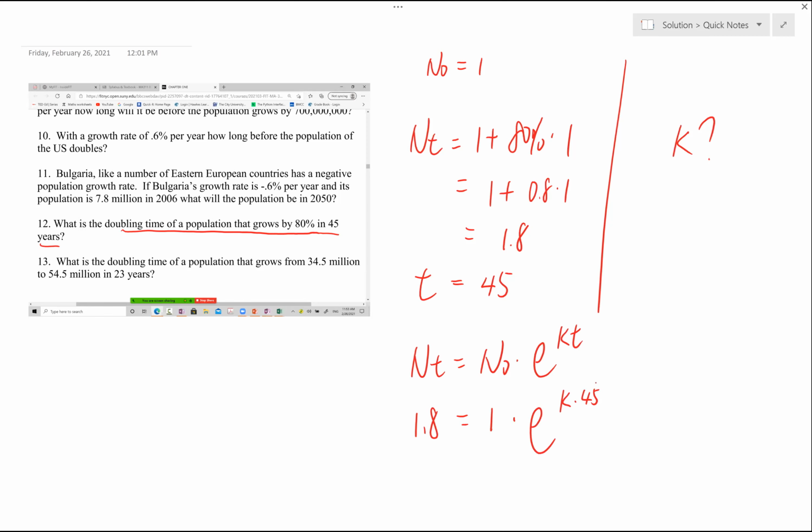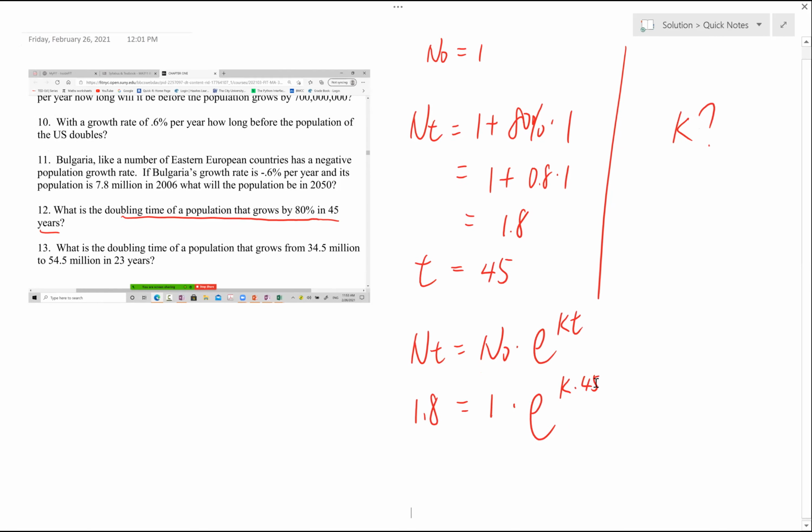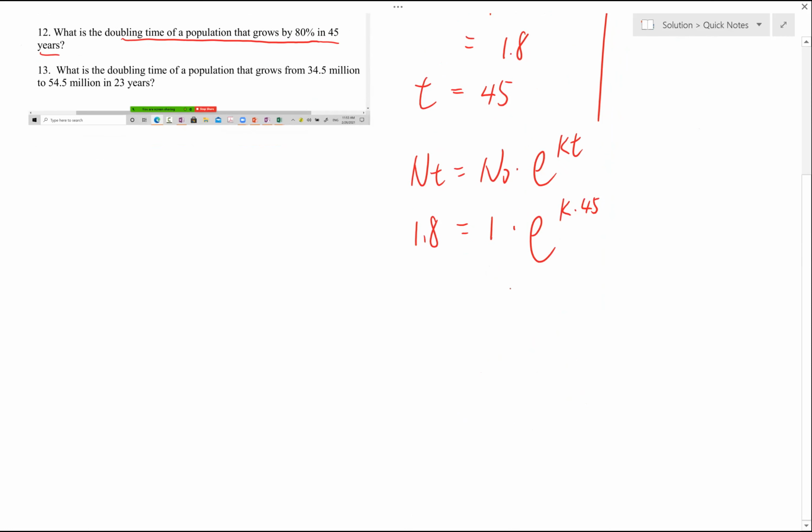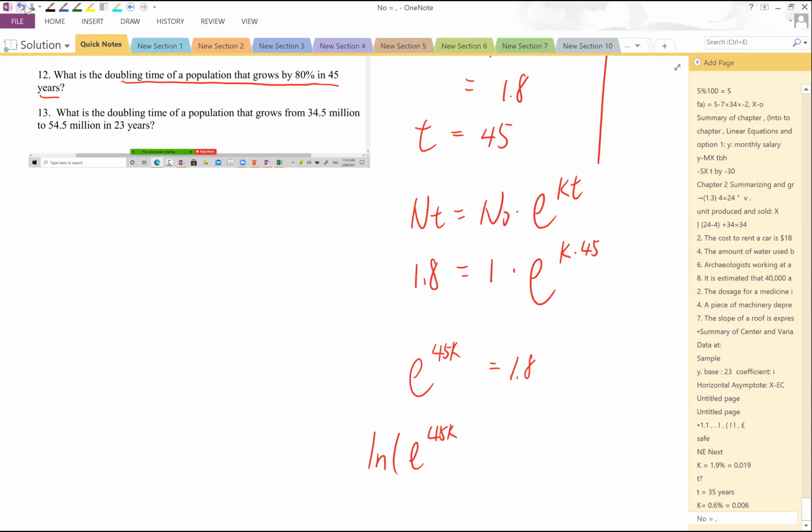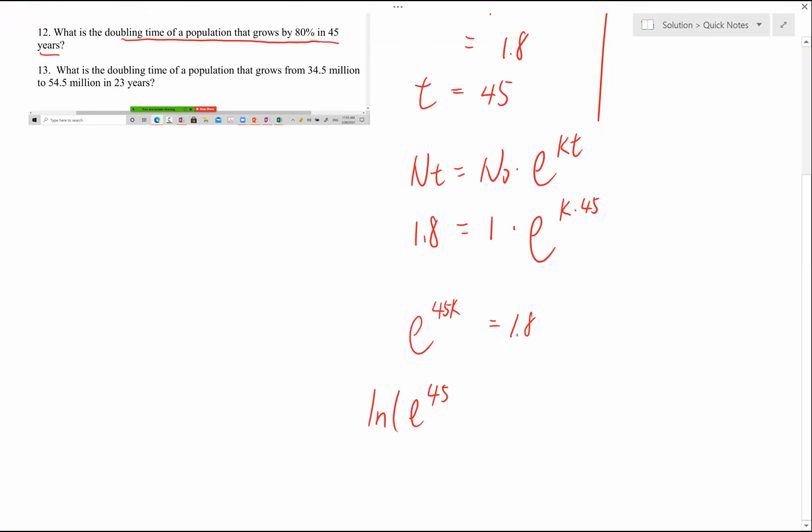The only thing we don't know is k, so let's solve for k. Reversing the order, we get e to the 45k equal to 1.8. Now we take the Ln of both sides: Ln of e to the 45k on the left, and on the right Ln of 1.8.